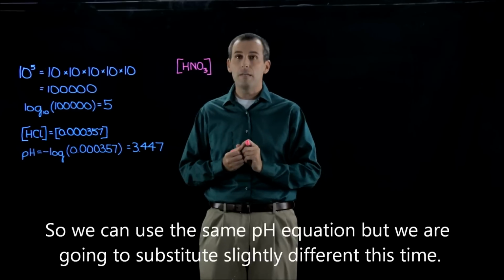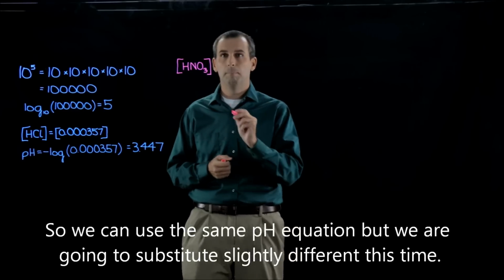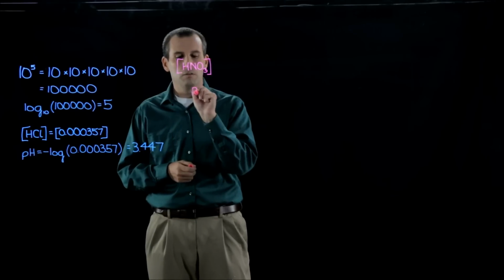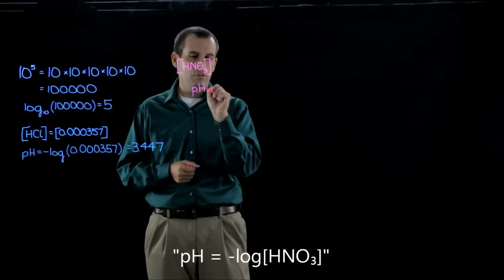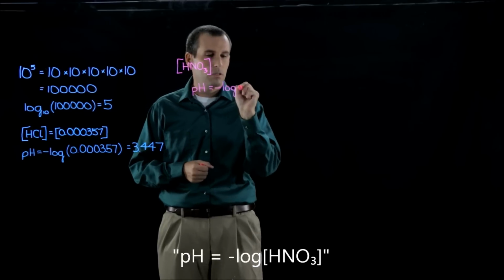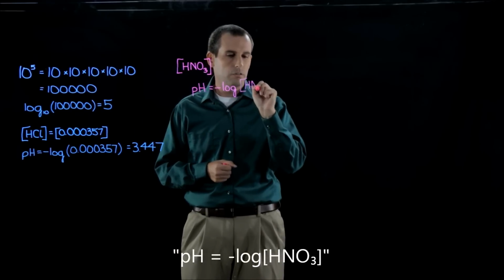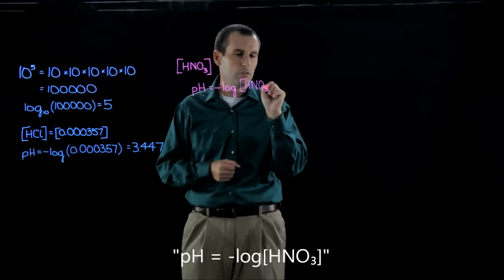So we can use the same pH equation, but we're going to substitute slightly different this time. pH is equal to the negative log of our concentration of our HNO3.